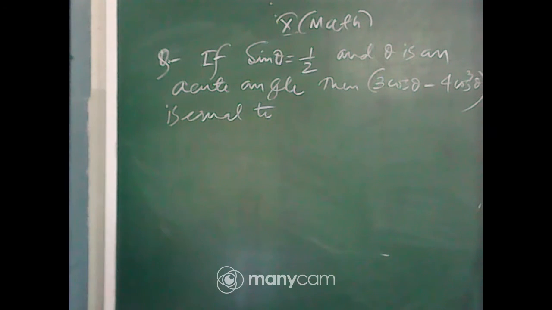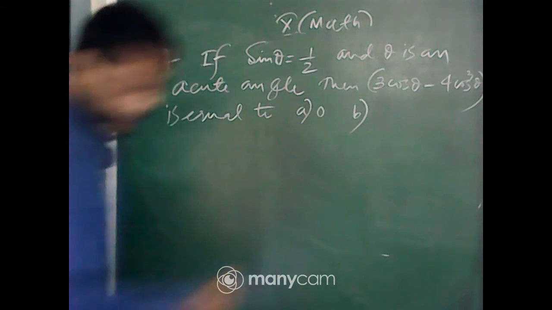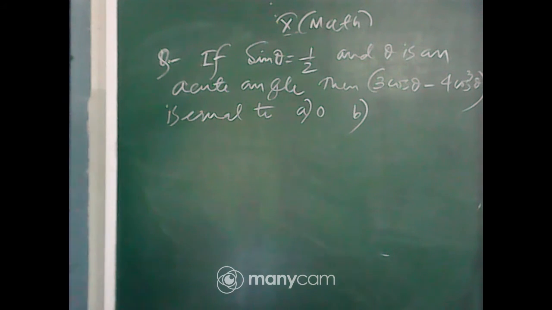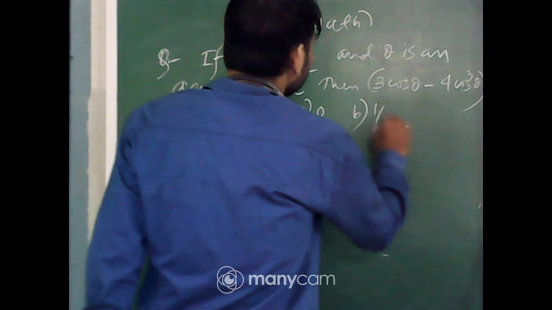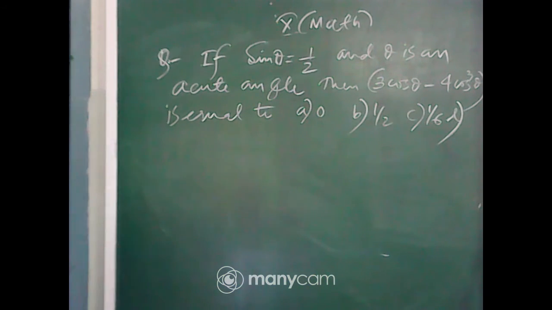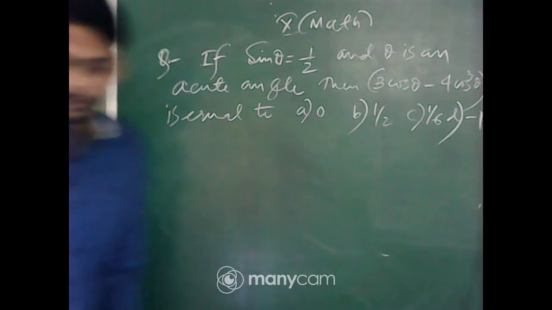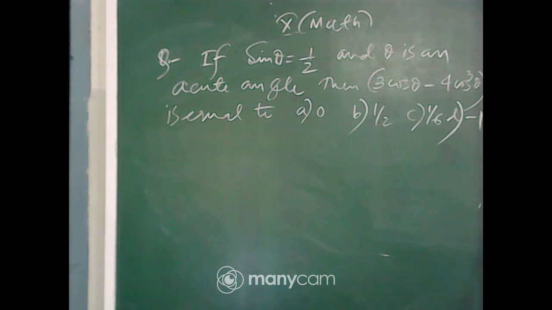The options are option A, 0; option B, 1/2; option C, 1/6; and option D, -1. Do it and tell me the answer.